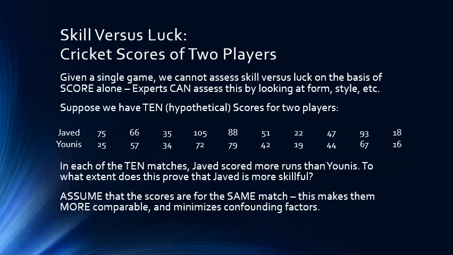Well, in some cases, this is possible to conclude. Let us assume, to begin with, the favorable case that these are the numbers for the same matches. Both players played in the same matches, so that the environment is more or less the same. This makes the scores comparable and minimizes the confounding factors, but it does not eliminate them.